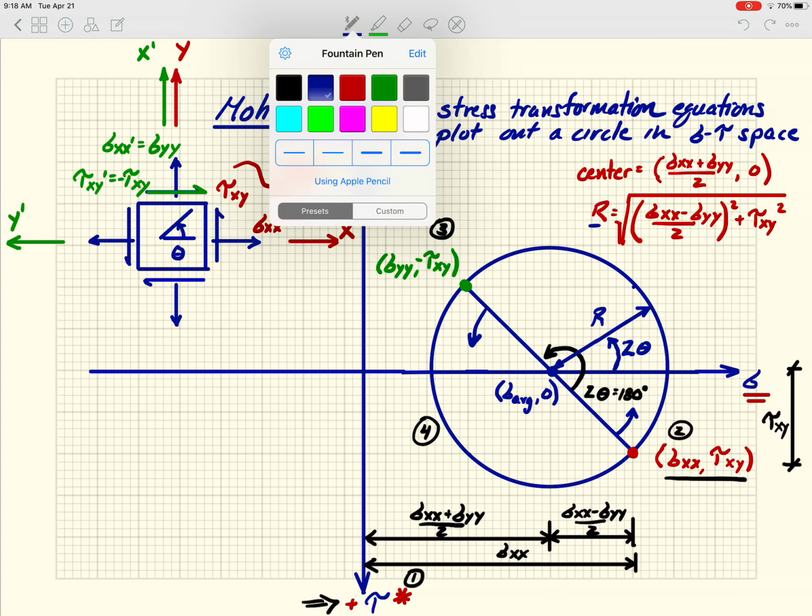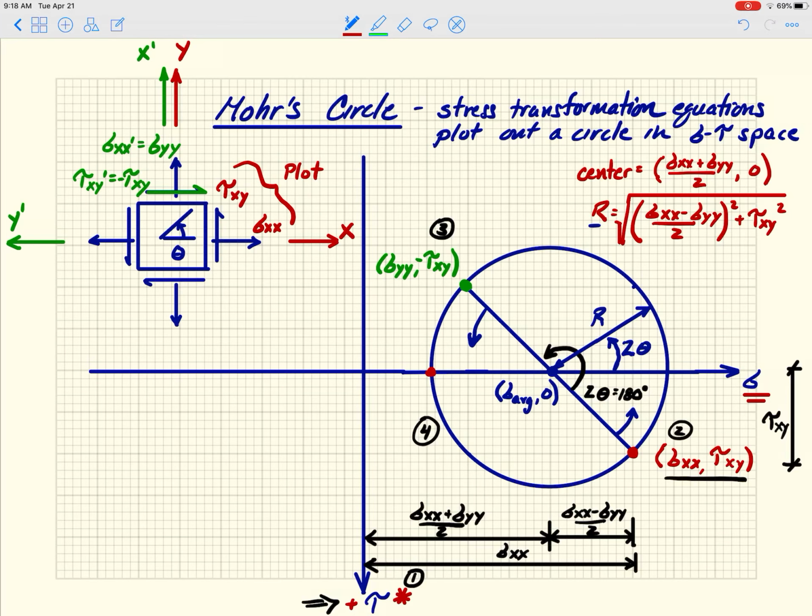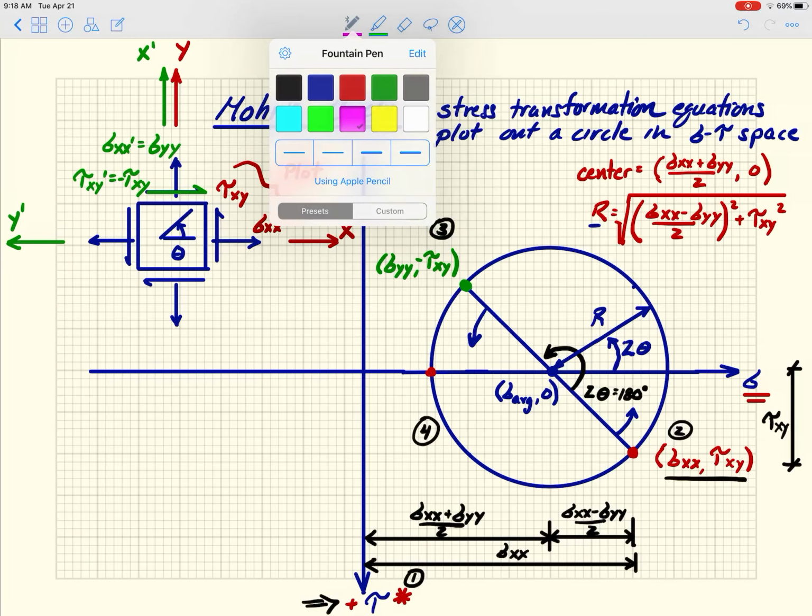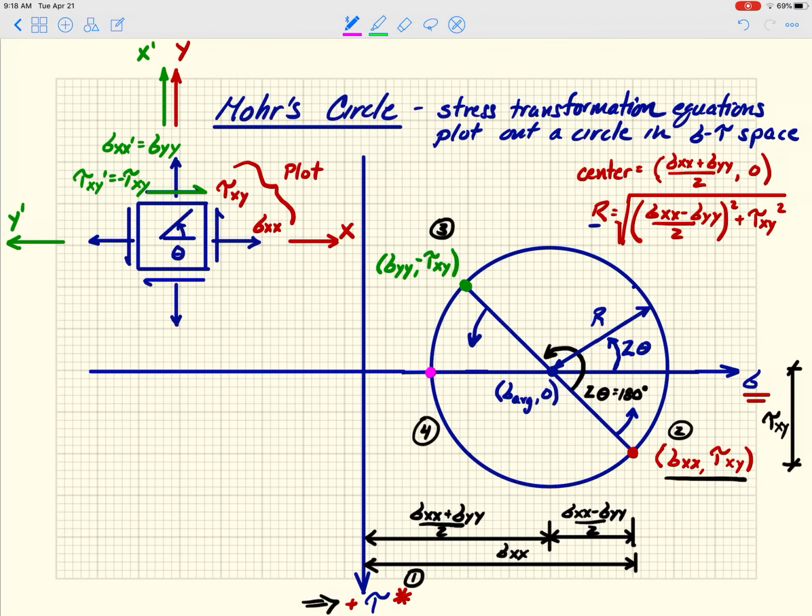And we will go through this, but for the time being, I can show them here. Maybe I'll show them here in pink. So this is sigma 2. This is sigma 1. And those guys are tau max. Notice that tau max and tau min are always the same because the circle is always centered on the sigma axis.